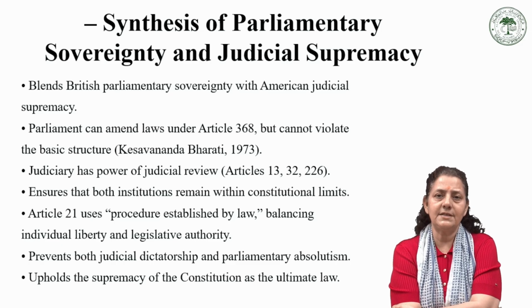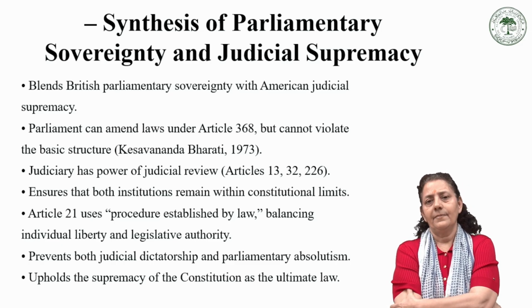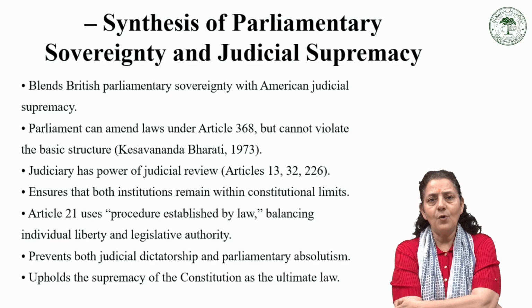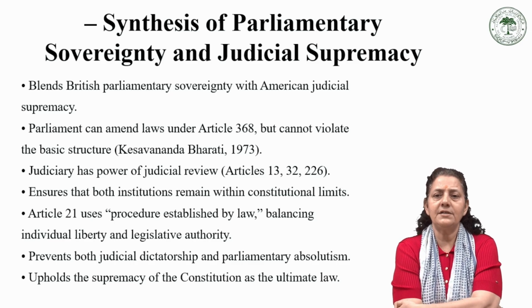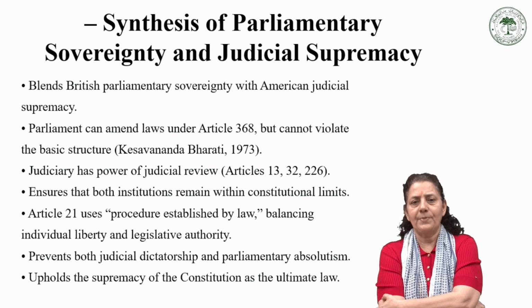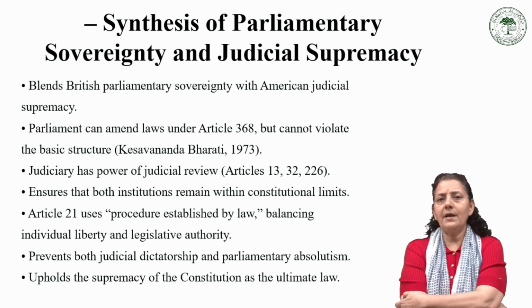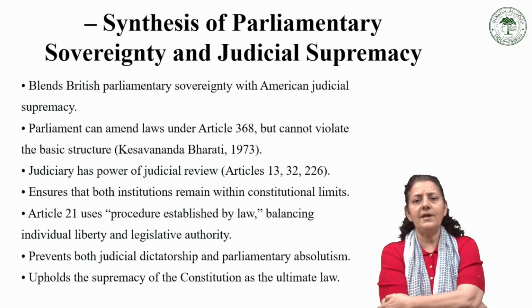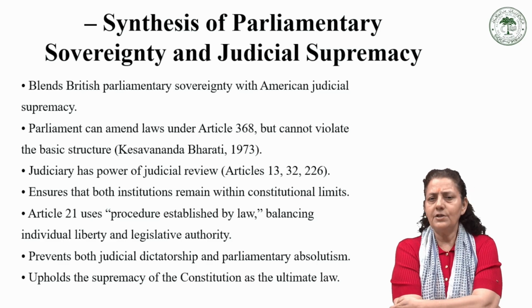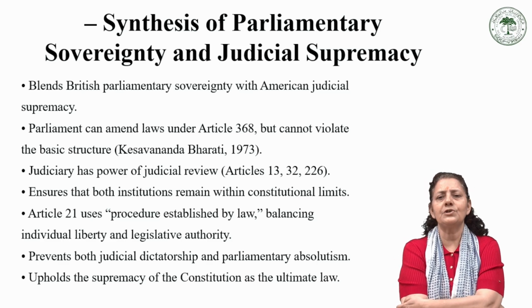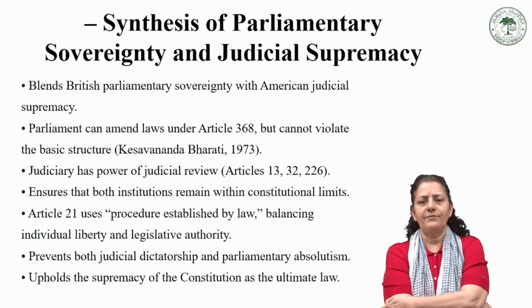Constitution is what the judges say in America. And therefore, we found a midway between the two, the midway between parliamentary sovereignty and American judicial supremacy. While Parliament can legislate extensively and amend the Constitution under Article 368, the Supreme Court safeguards constitutional supremacy through judicial review.